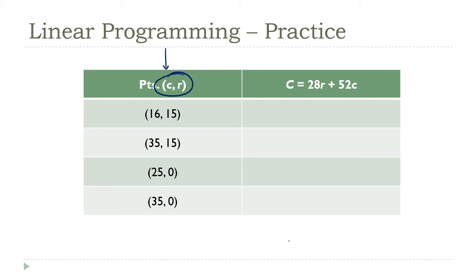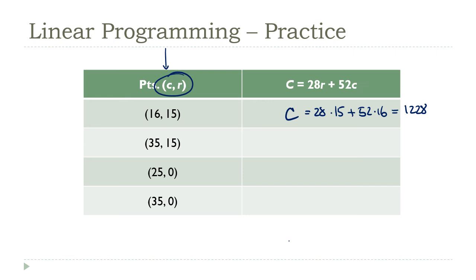So to answer the question, all that's left is to stick these numbers into the formula. For the first row, for example, C equals 28 times 15, that's the second coordinate, plus 52 times 16, which is 1,228, and these are dollars.